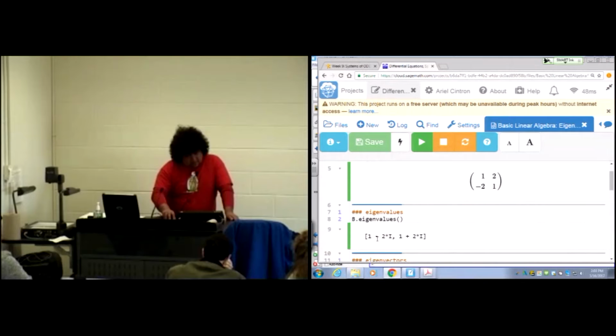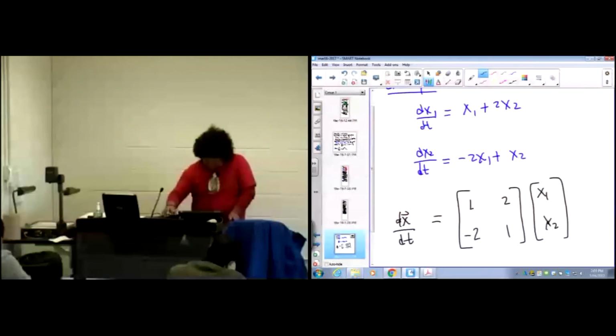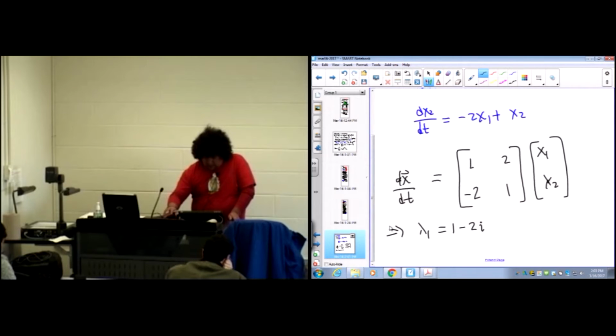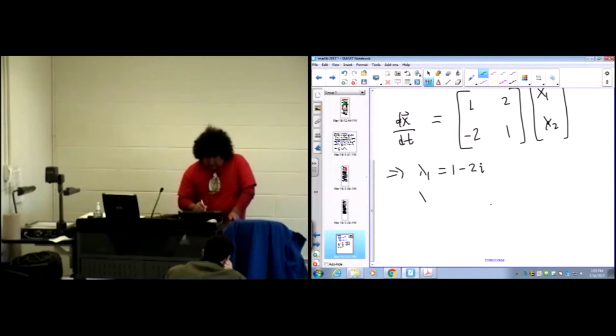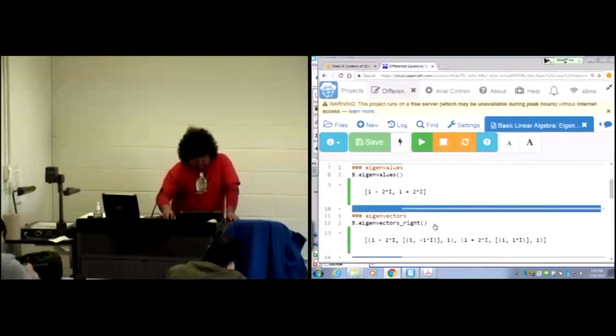The eigenvalues are 1 minus 2i and 1 plus 2i. So here we have that lambda 1 is 1 minus 2i, and lambda 2 is 1 plus 2i.